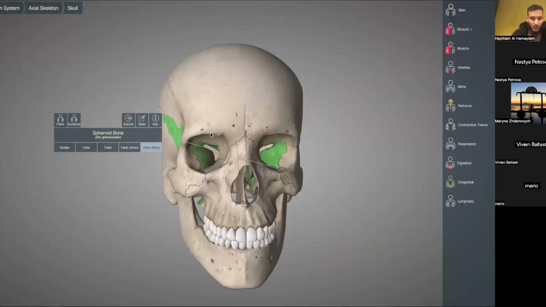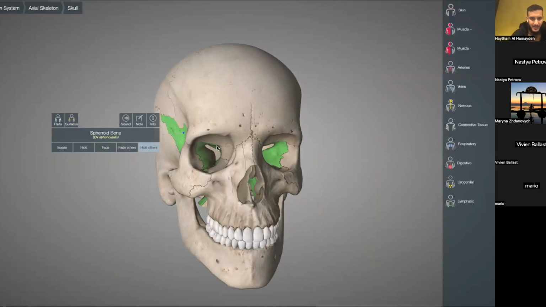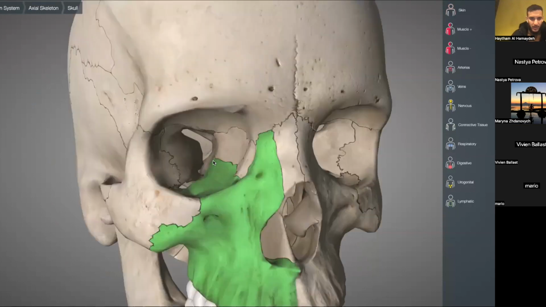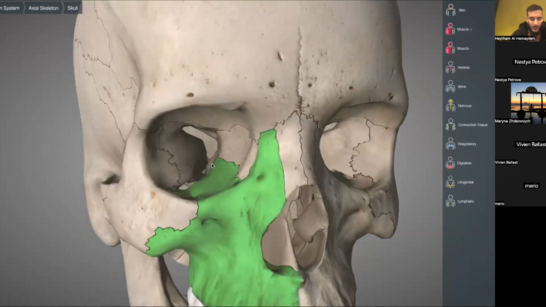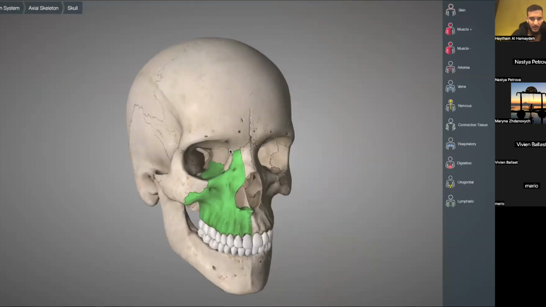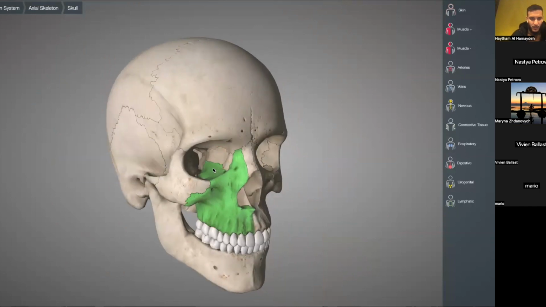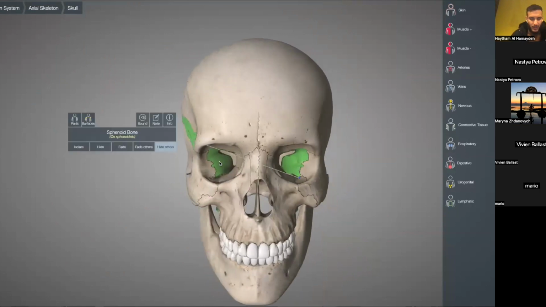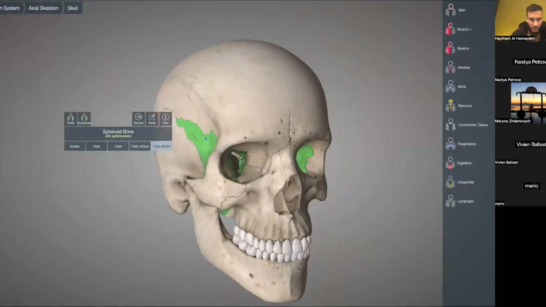Again. Superior: frontal bone and lesser wings of sphenoid. Floor: zygomatic and maxilla with the orbital process of the palatine. Then medial: ethmoidal, lacrimal, maxilla, and body of sphenoid. Lateral: zygomatic and greater wing of sphenoid.